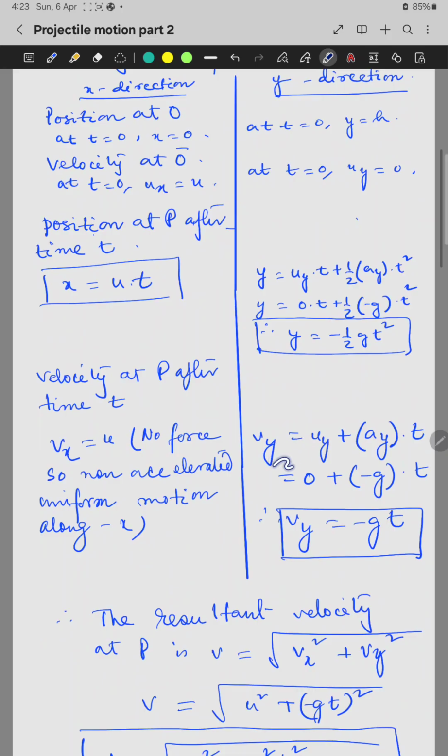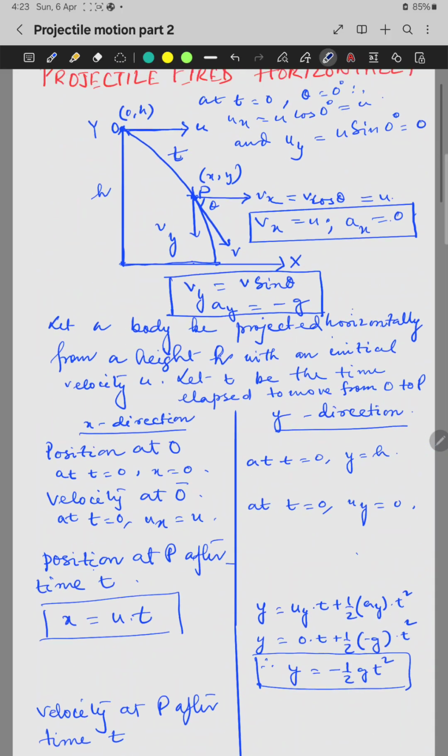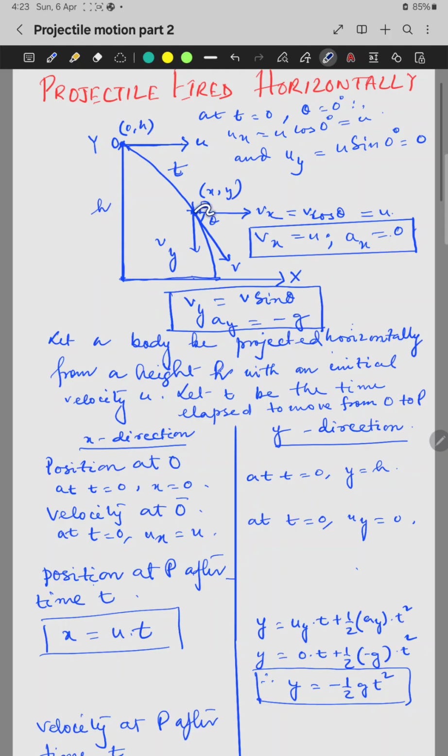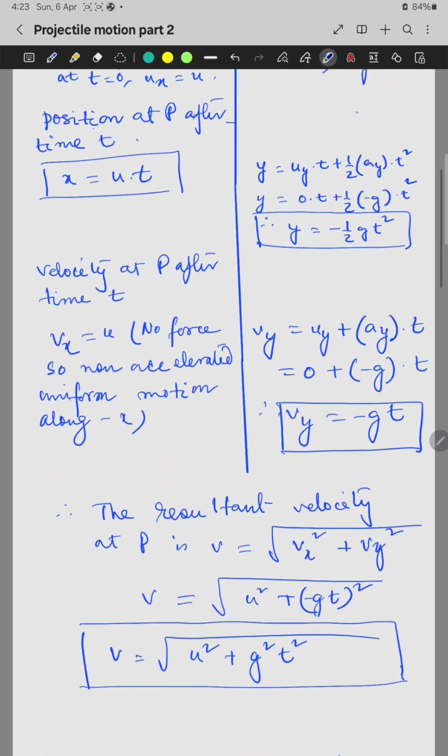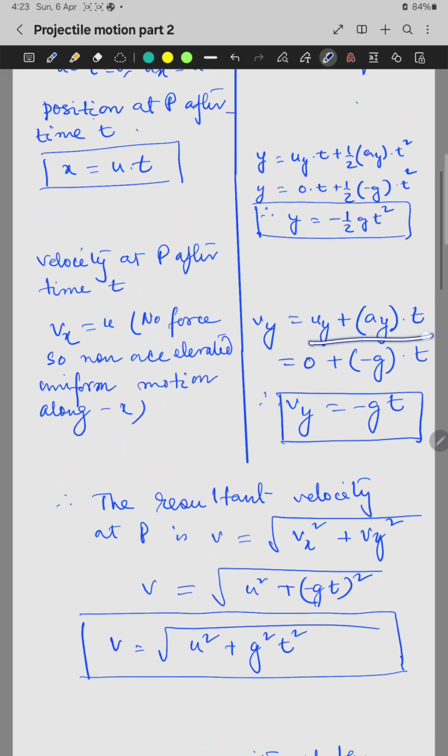Now coming to Vy, as the diagram is showing, v is resolved into two components, Vx and Vy. Vx is u and Vy will be given by the first equation of motion, which is uy plus ay multiplied by t. In place of uy I put 0 and ay as minus g to get Vy equals minus gt.